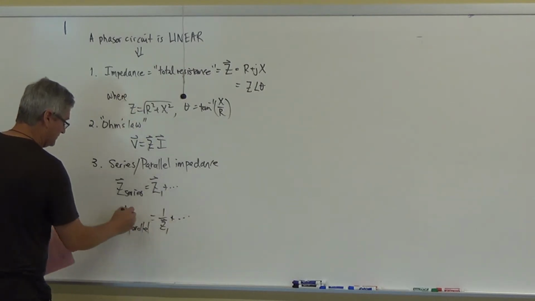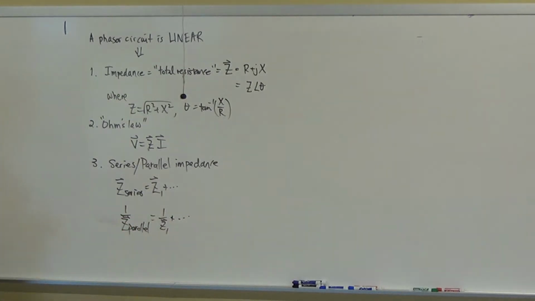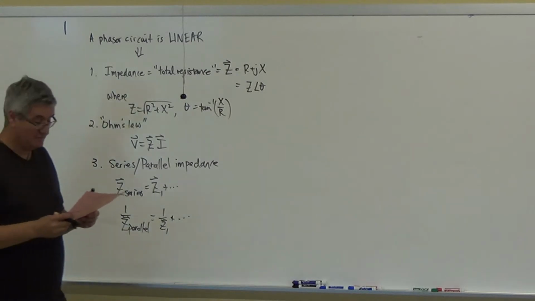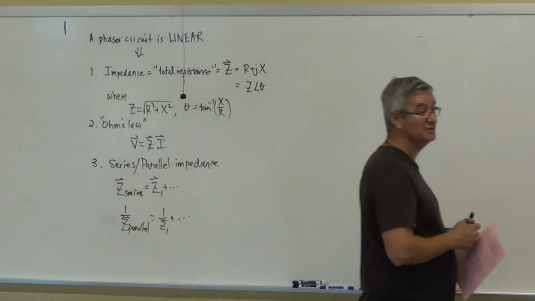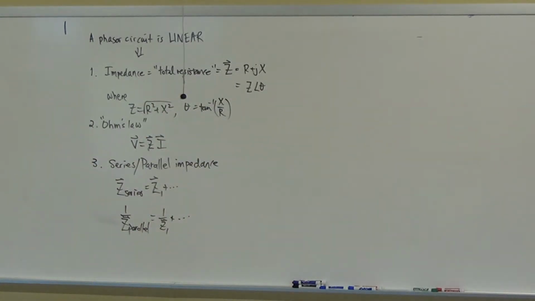I should be putting vectors here, but we're among friends, so we won't do it. We know we're dealing with complex vectors. Should I write node and mesh? You know what to do. You totally know what to do. So let's start doing it. Let's look at the first example.